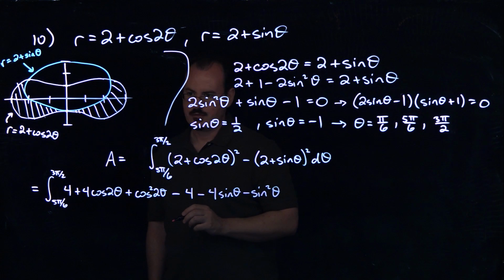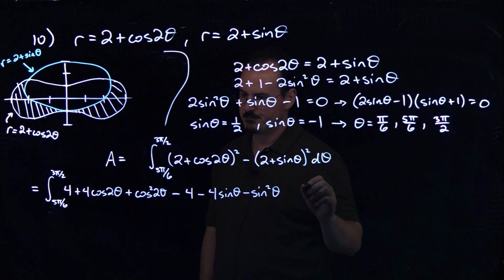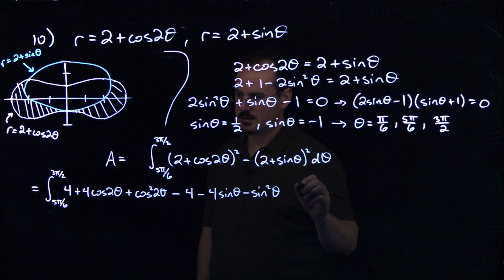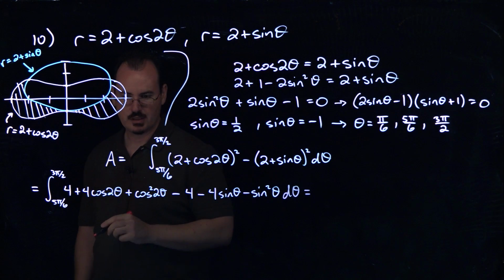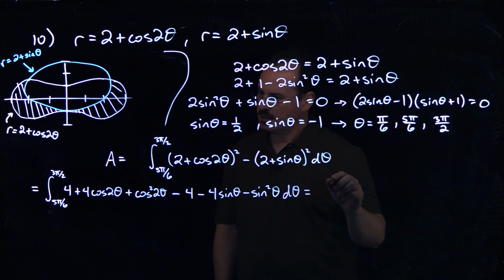Okay, and I'm trying to see if we've got any cancellation going on here. It looks like we do. Let's see. So it looks like at least the constants are going to cancel, the 4s will, and then the rest of it, yeah, we just have to leave it as it is.